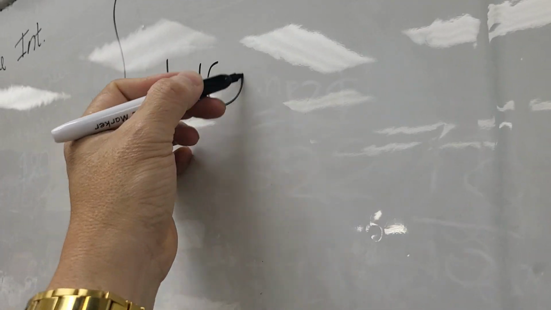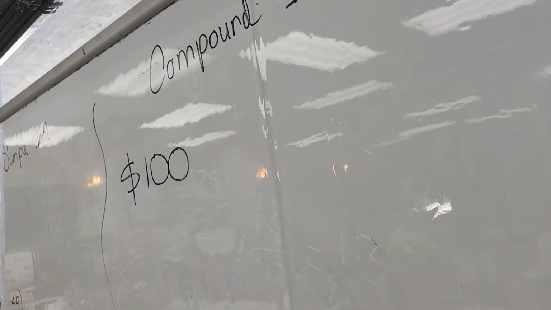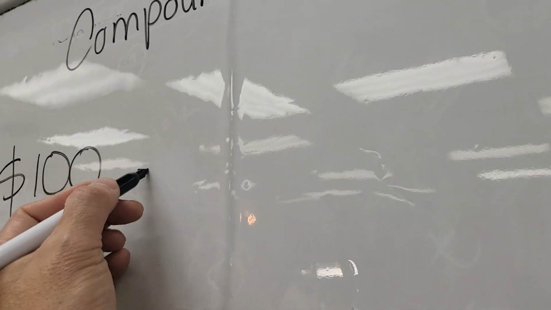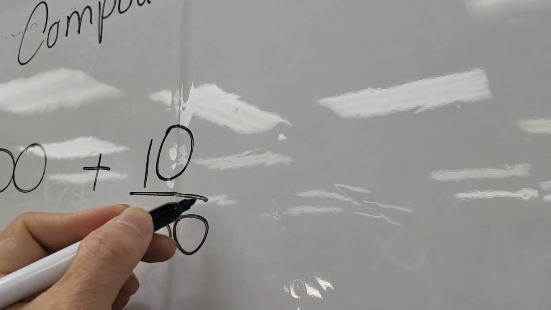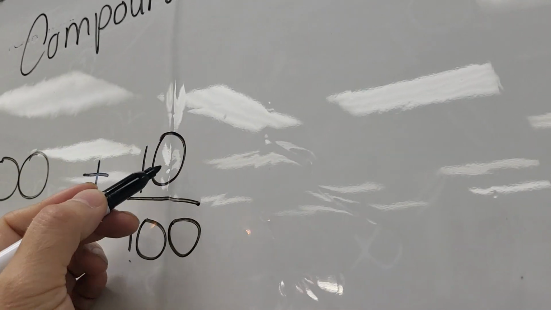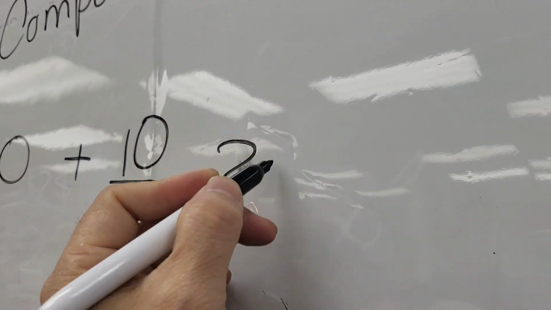So for example, compound interest is this. I borrow him $100, and then the bank pays me 10% interest. 10% of what? Let's make a different number now so we don't confuse.